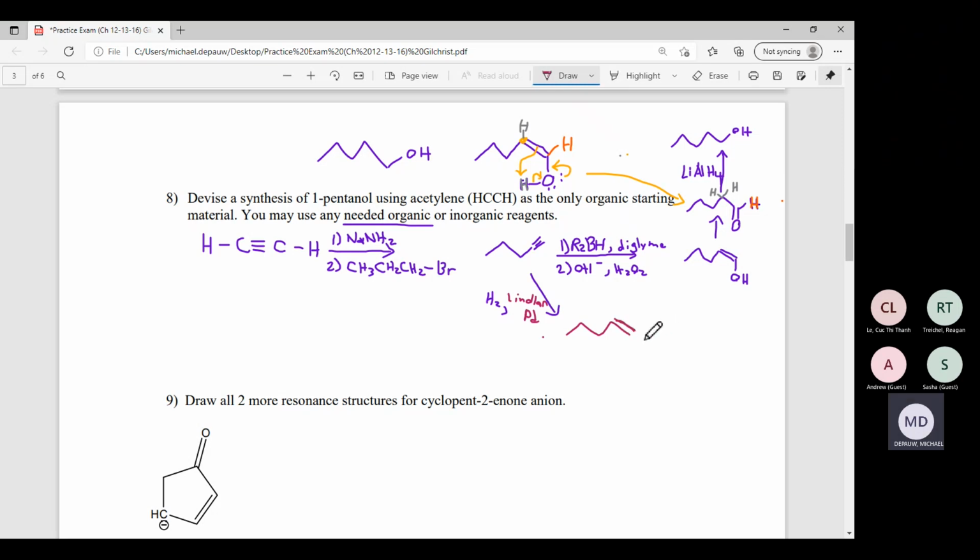And then you could use a slightly different form of hydroboration oxidation than we used above, which is just BH3 in THF, and then the same bottom reagents would work, the OH minus and the H2O2.